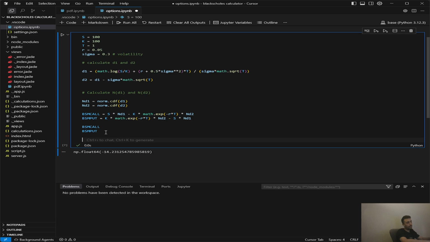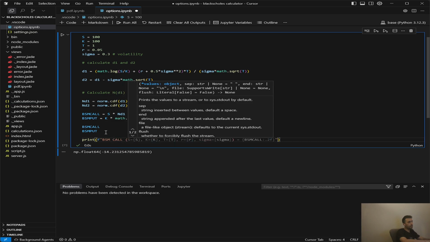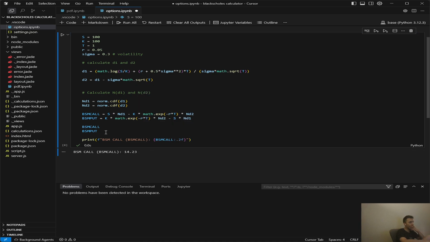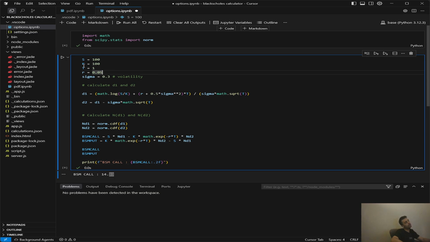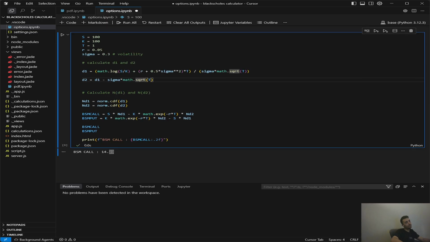If you want to write it out, you can use an f-string to print the BSM call as the call price. Like this, but it is not necessary. If we have spot 100 and strike 100 with a 5% rate, and so on.